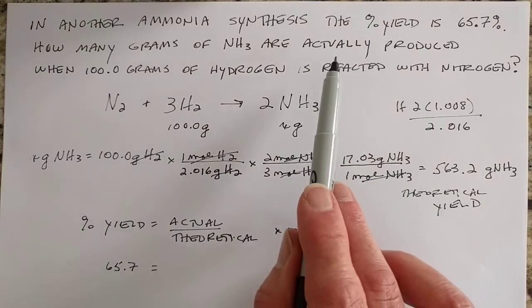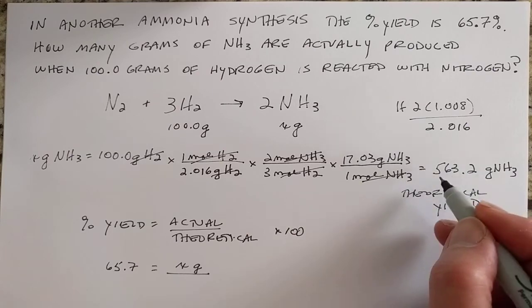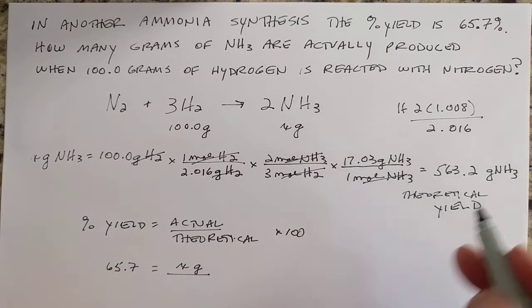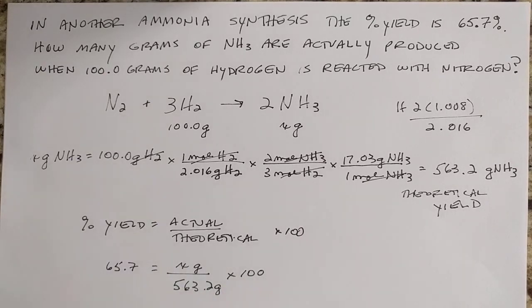This is what we're looking for. This is our X. X grams. We don't know what our actual yield was. Our theoretical yield, we just calculated that. Remember, this always goes in the denominator. So we have 563.2 grams times 100.